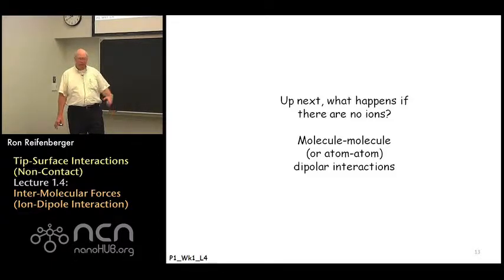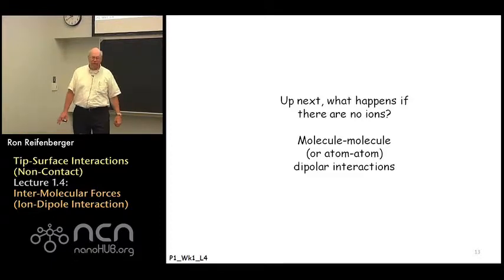So the situation related to ions is not so relevant. In particular, we're going to have to discuss what happens when two molecules or two atoms start to interact with one another by way of these dipole interactions. That's the next topic that we'll cover in this set of week 1 lectures.